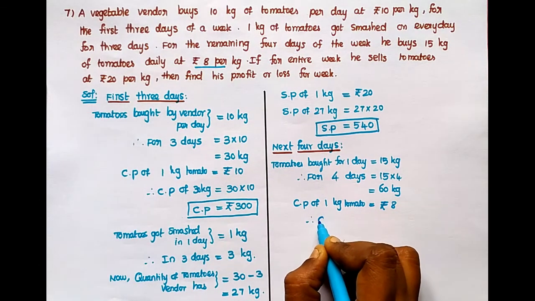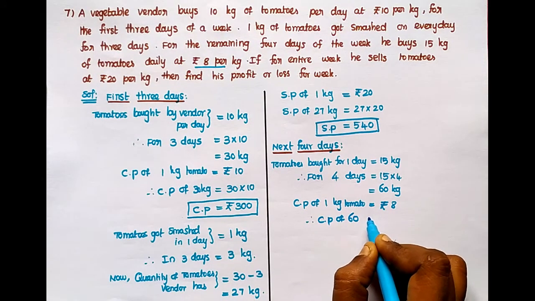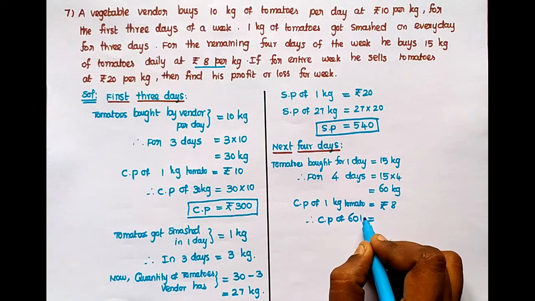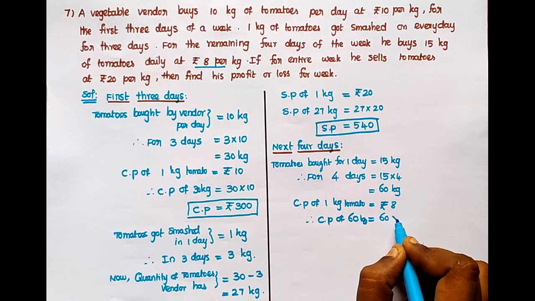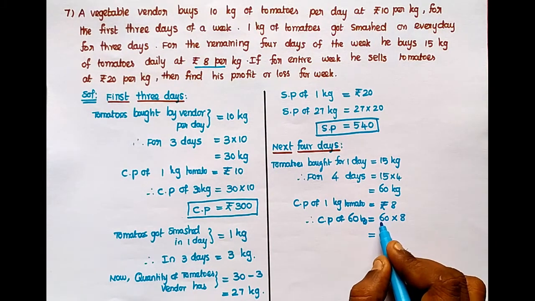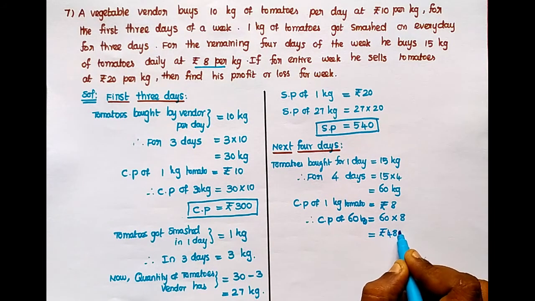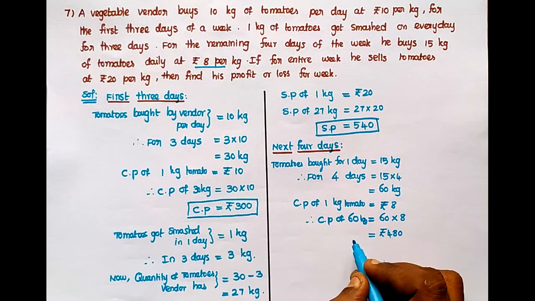Therefore cost price of 60 kilogram equal to 60 into 8, that is equal to 6 8s are 48. So rupees 480. That is cost price.